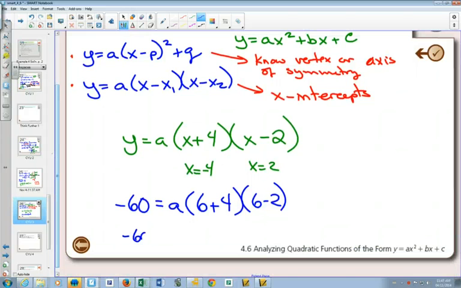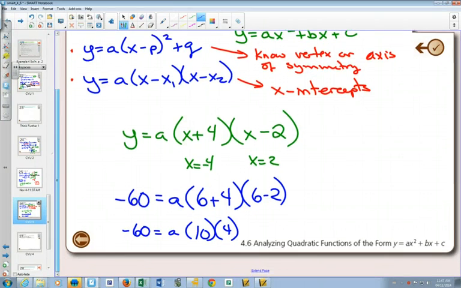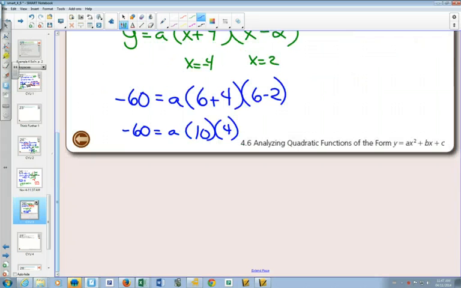So it'll be negative 60, 10 times 4, which is 40. Divide both sides by 40. We get negative 60 over 40 equals A. That reduces to negative 3 over 2.